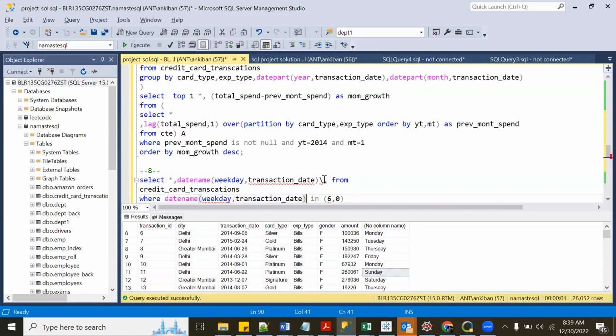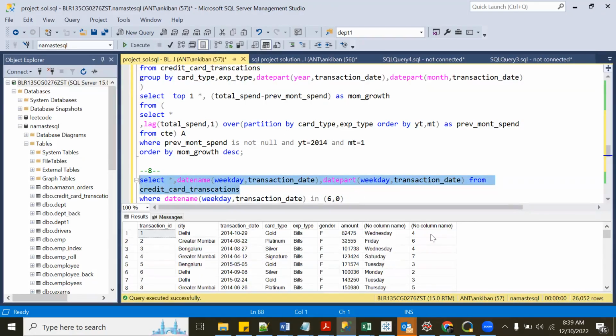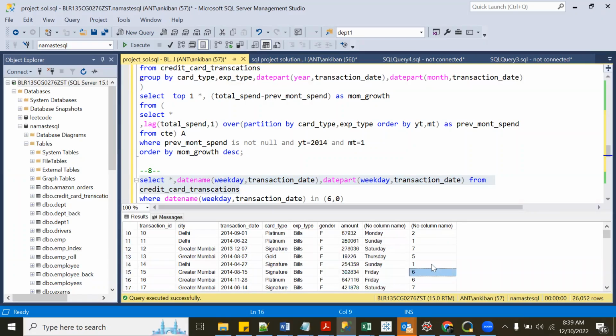Let me check, because what happens is the filter on integer values is faster than on string, right? Instead of that, we can do date part. And if I run this, you can see this is an integer. Whenever you are doing a filtration, the filtration on integer is fast. The comparison with integers will be faster than comparison on strings. For Saturday we are getting 7, and Sunday is 1, starting from 1.